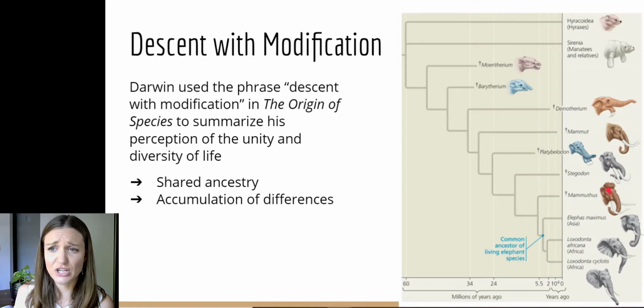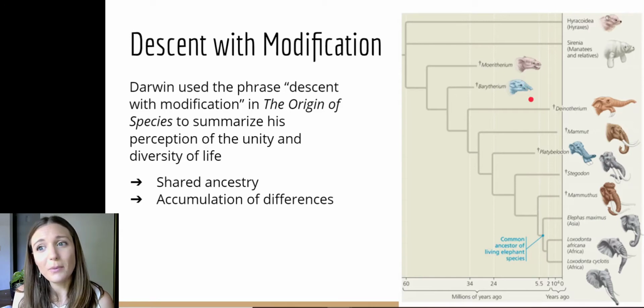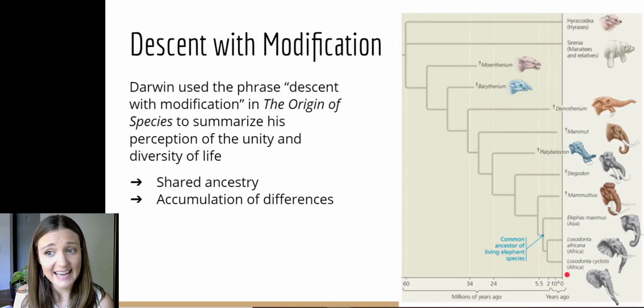And we can see that they share a lot of characteristics with modern elephants, but they're slightly different, right? So they're related, but over time, from 65 million years ago plus to today, they have acquired slight differences, which has resulted in the form of elephants that we know today.